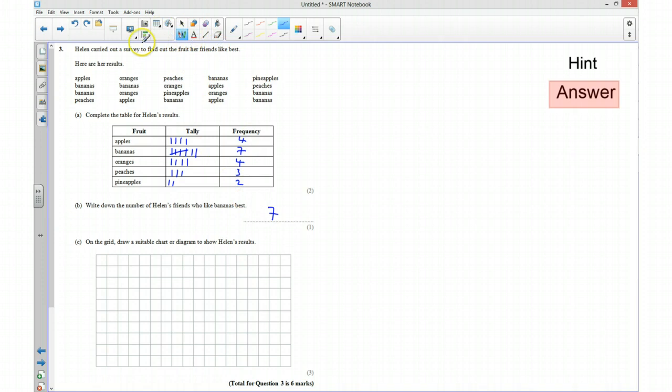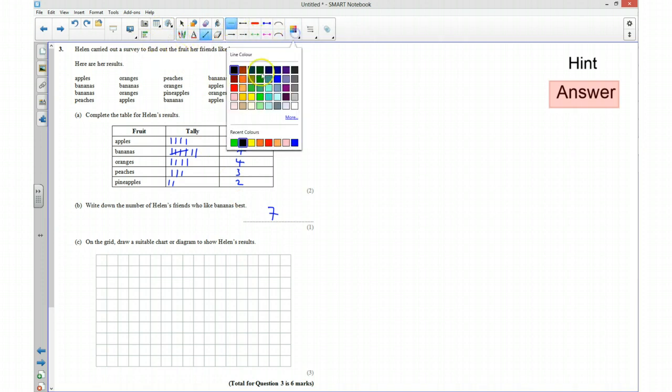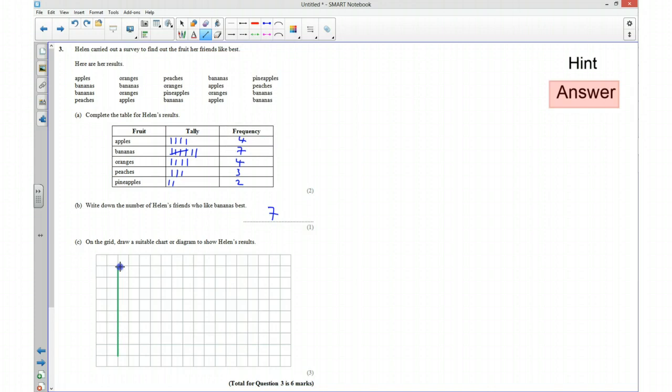So we could start off by drawing a couple of lines. Let's use green for this. I will start by drawing a line going up like so, and if we number this, we'll have 0, 2, 4, 6, 8, and I know there's no more than 8, so that's going to be tall enough.